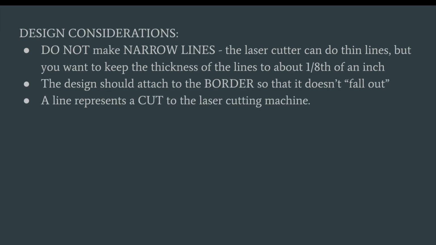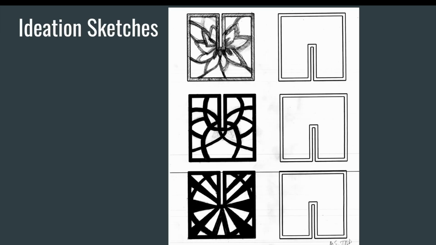So some things to think about are, do not make narrow lines. The laser cutter cannot do thin lines, but you want to keep the thickness of the lines about 1/8 of an inch wide. The design should attach to the border so that it doesn't fall out, and a line represents a cut on the laser cutting machine.